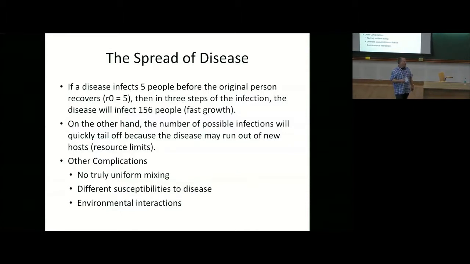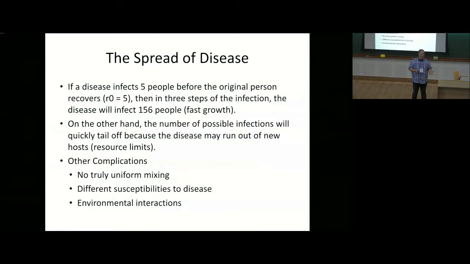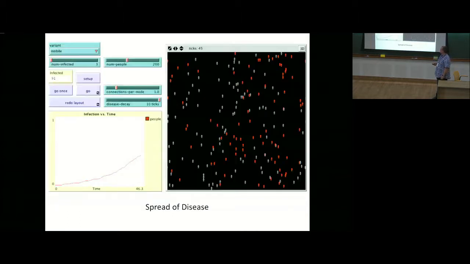The other thing is that different people have different susceptibilities to disease. Some people are more likely to get a disease than other people are. And there are environmental interactions that can occur. All these things we can model using agent-based modeling to better build models of disease.